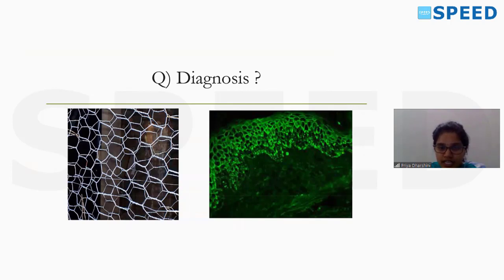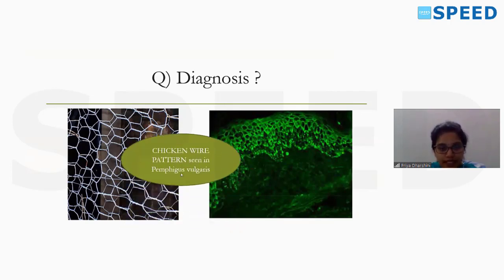This antibody reaction in direct immunofluorescence leads to fluorescence in between the keratinocytes, which gives rise to this typical chicken wire appearance, which is seen in pemphigus vulgaris, and it may also be seen in other variants of pemphigus. This has been asked multiple times in INI-CET, and they can ask it as a repeat question also. So this also you should know.